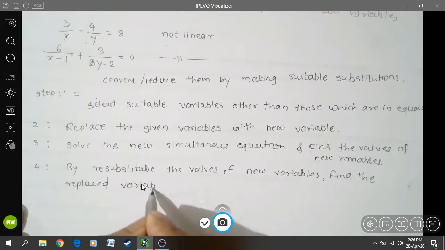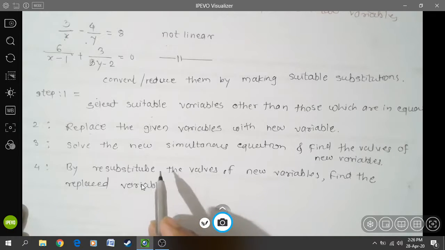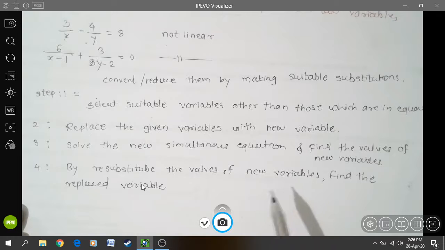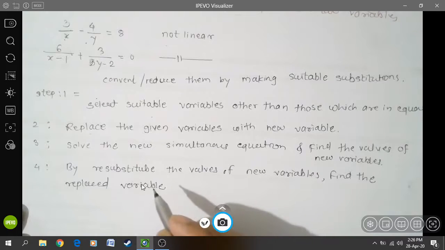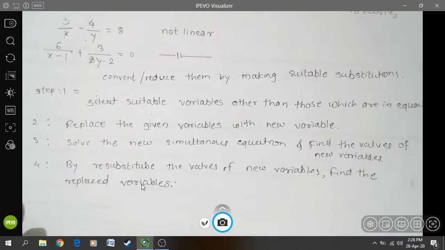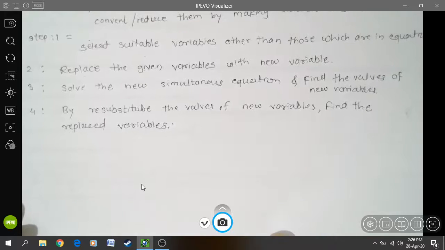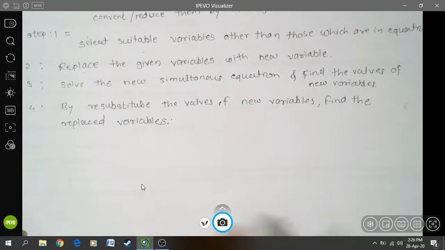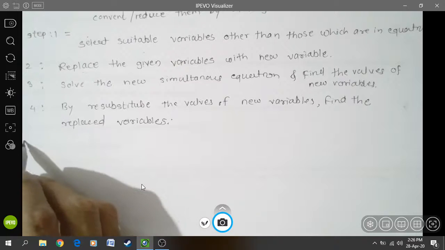So the last step is to convert back to the original variables. We have already converted them to new variables and found the solutions. Then in the last step, we resubstitute the values of new variables and find the values of the replaced variables. We can understand this by taking an example.